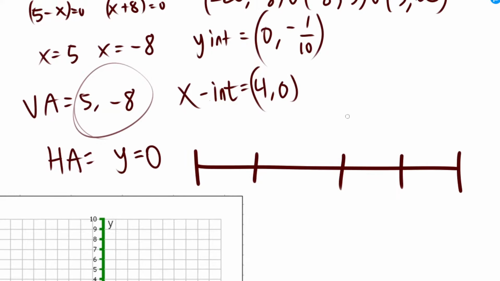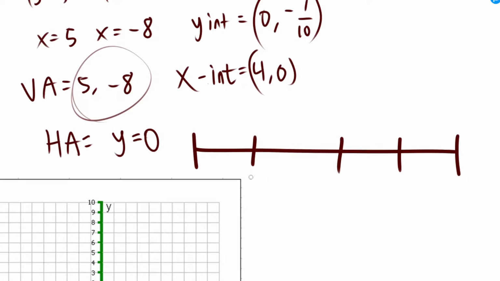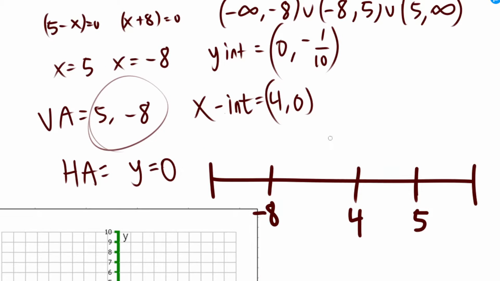Typically for the sign graph, what I like to test points for is near the vertical asymptotes, so -8 and 5, and then near any x-intercepts that you have, which in this case is going to be 4. And then I want to test values near that range, so -9, 0, 4.5, and 6.